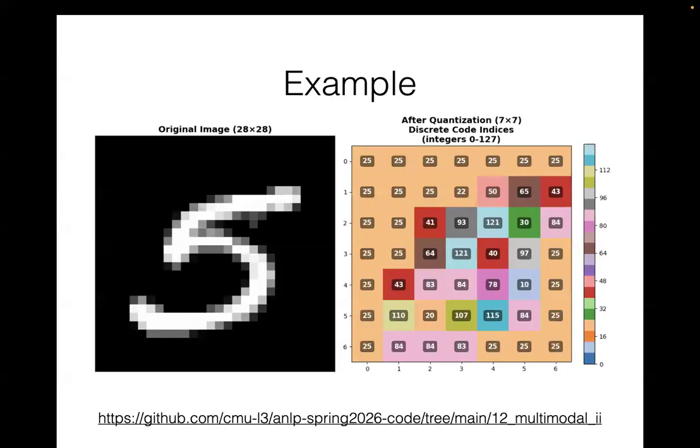So there's actually a code example. If you're curious about one way to implement this, you can take a look. It uses this data set called MNIST, the simplest data set. And here you can look at the code indices that end up being used for these different positions.